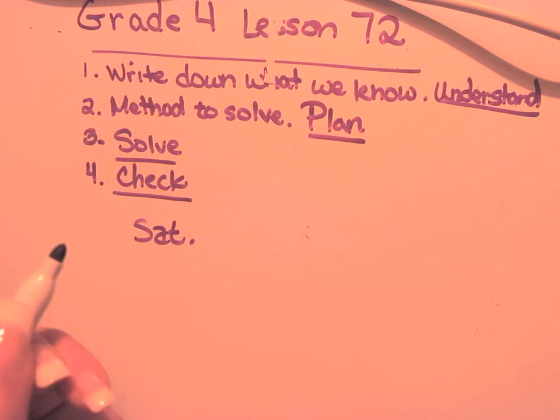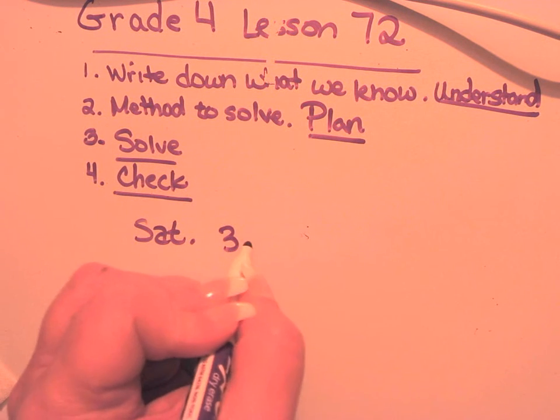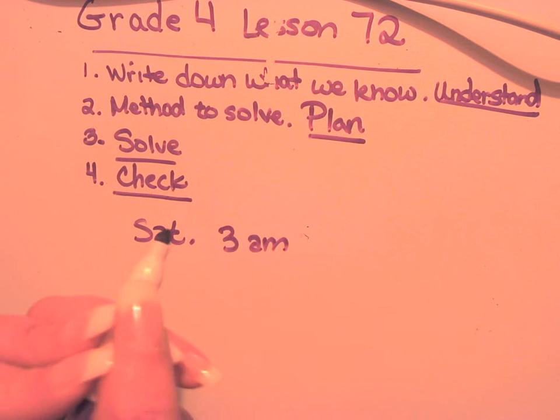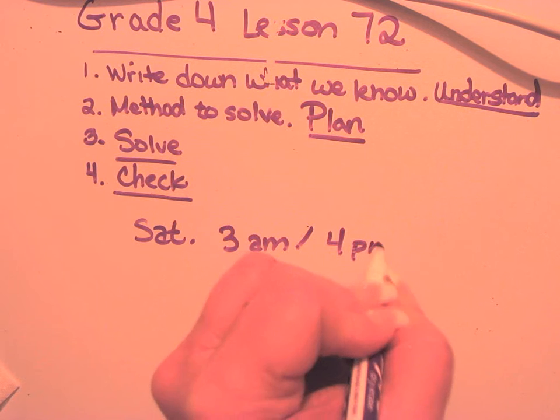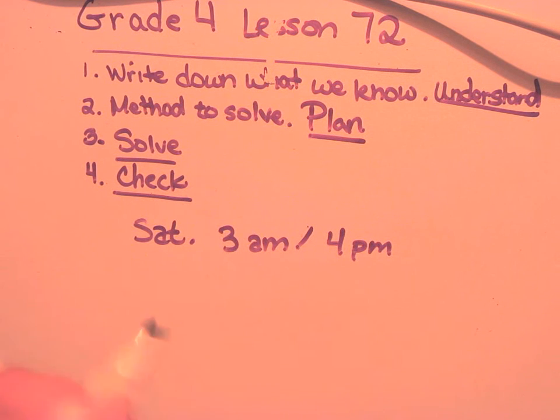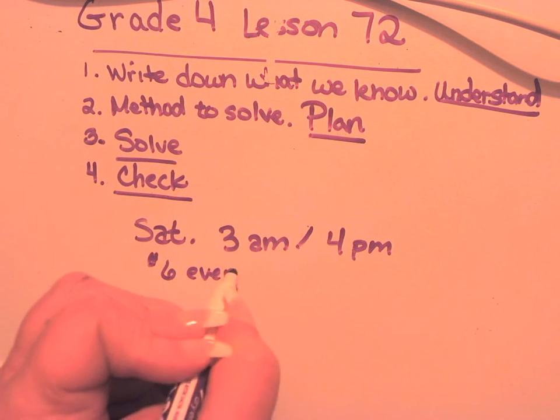He worked for 3 hours in the morning, 3 a.m., and 4 hours in the afternoon, 4 in the p.m. Hopefully you understand that I mean in the morning and in the afternoon, not 3 a.m. to 4 p.m. And then it says he was paid $6 for every hour he worked. All right, $6 for every hour.